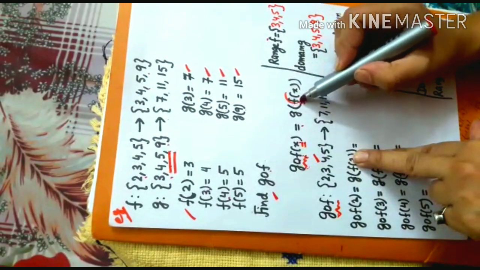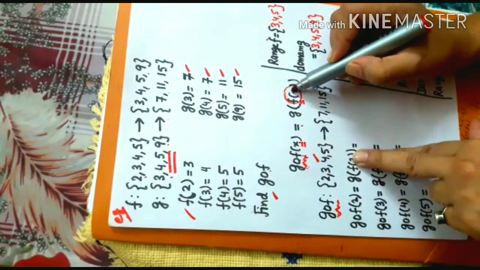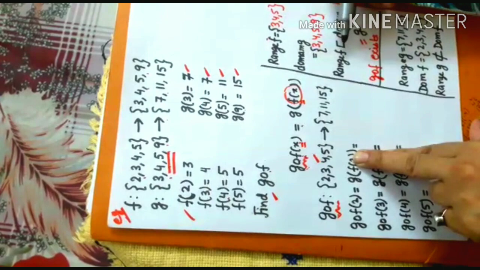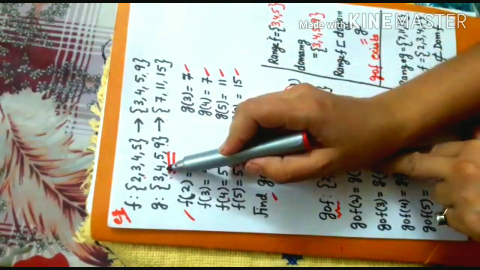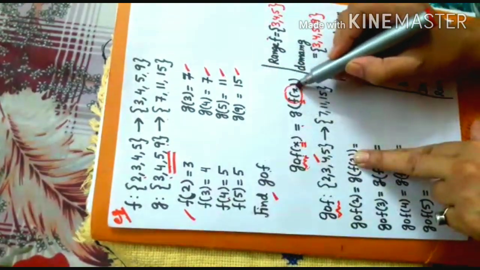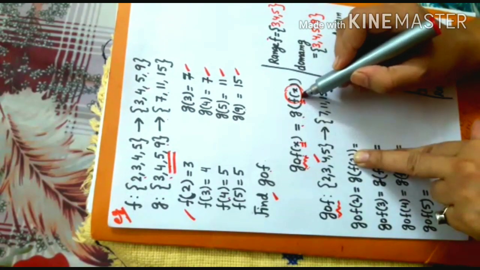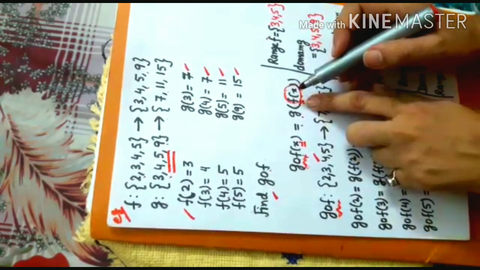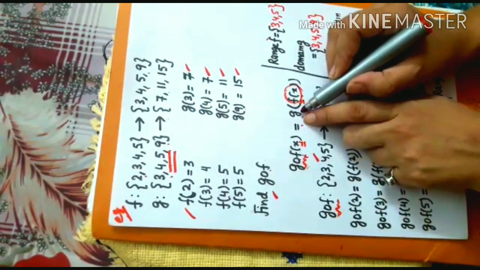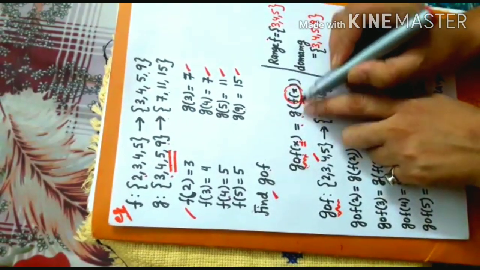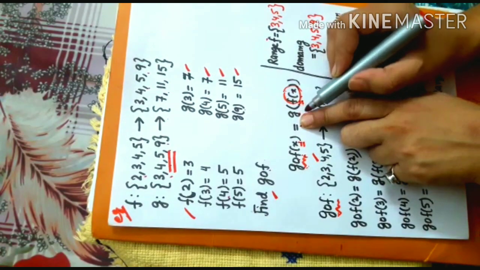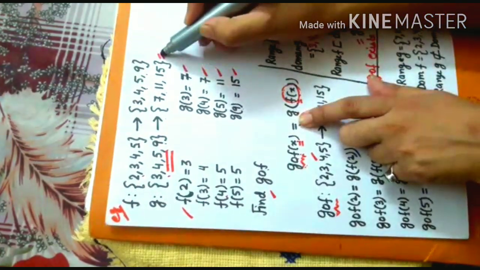Now, this element will belong to the range of f, and range of f is a subset of domain of G. So, this element belongs to the domain of G, and image of this element under the function G will belong to this set.